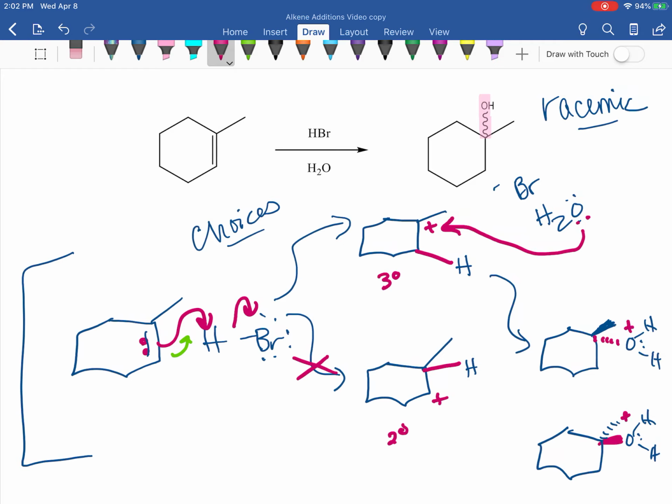Now, a lot of times this is implied. So you can even give that, in this case, it's not a stereocenter, but even just writing that normal bond to OH, it's up to you to know that you are going to add 50-50 top and bottom. Okay, then how do we finish this mechanism? Again, we've got to get rid of that charge.